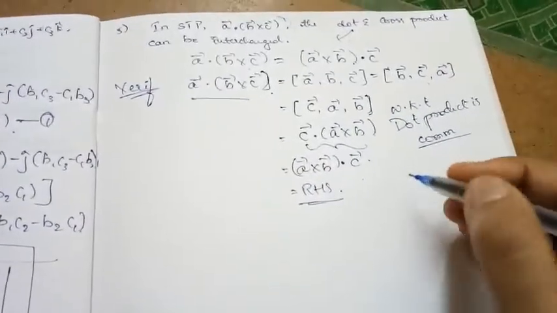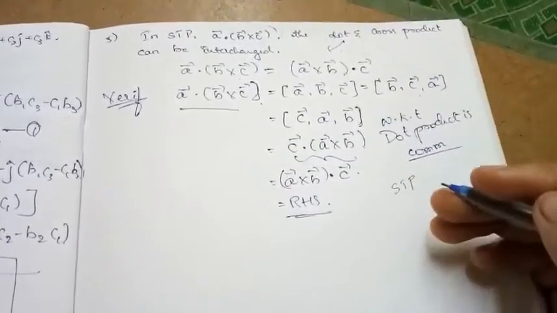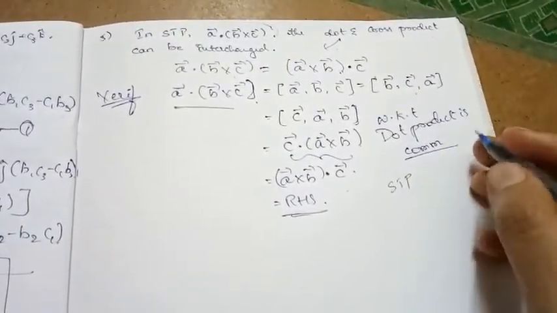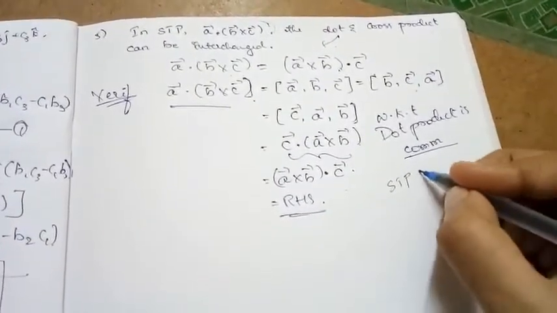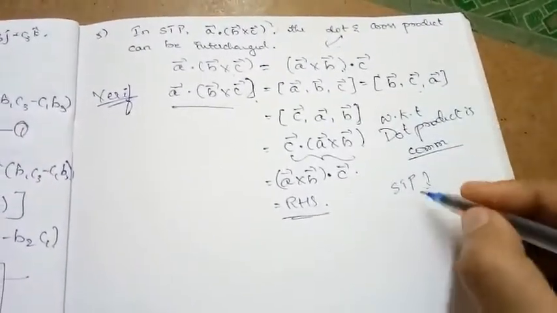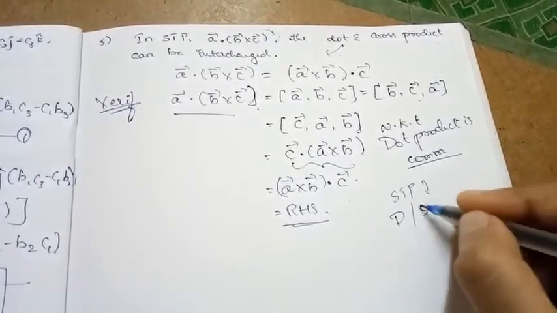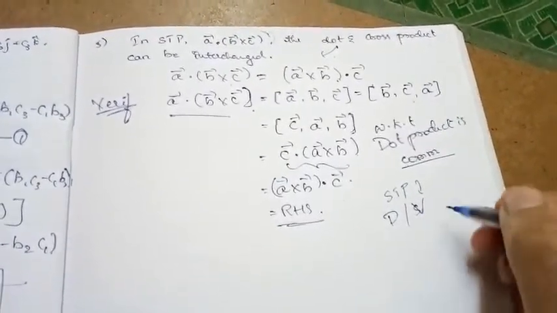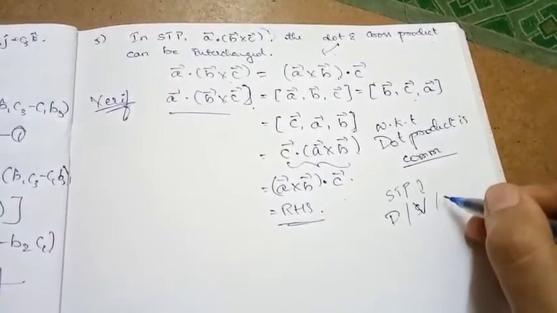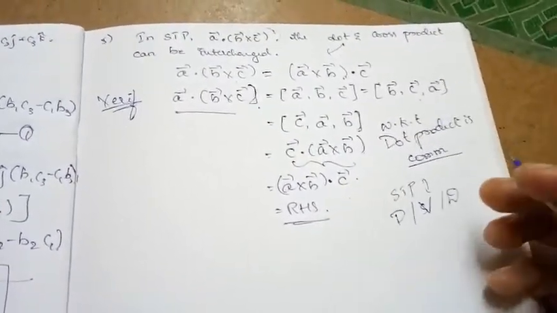So listen carefully, in the scalar triple product, we are not going to study any new concept. Whatever we have studied till now, we are just putting it together and studying in the scalar triple product. That is, we have studied the dot product, the vector product, and we have come across determinants and how to take their values.